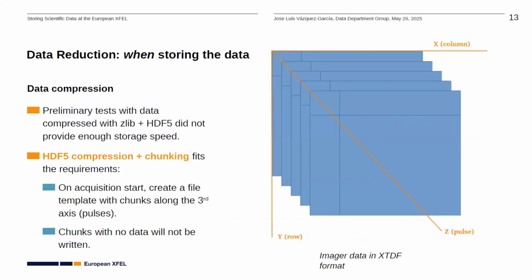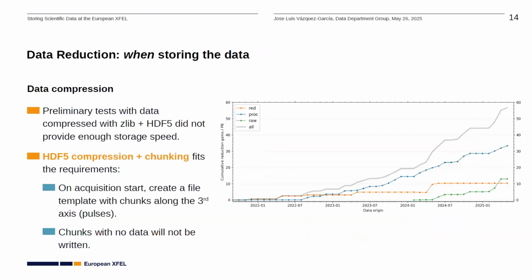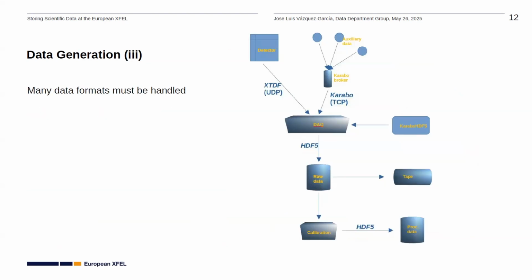So for instance, the big detectors send data in a format which is called XDF. The auxiliary data is sent in a format proprietary to Corabo, which basically means in a hash. And because it is a hash, you can give it pretty much any shape you want.